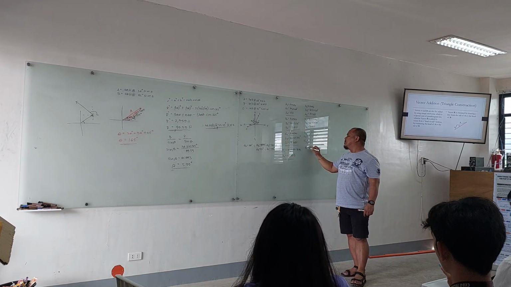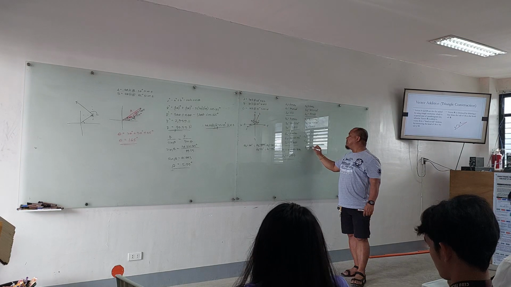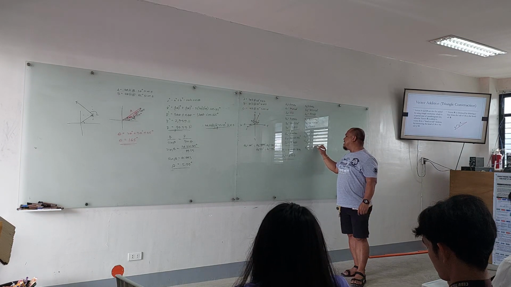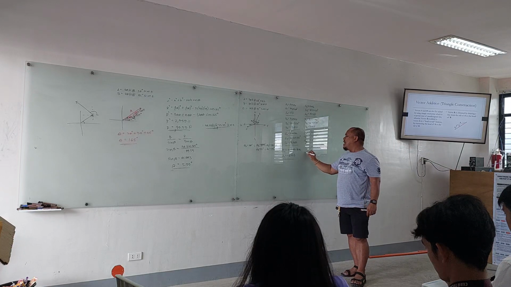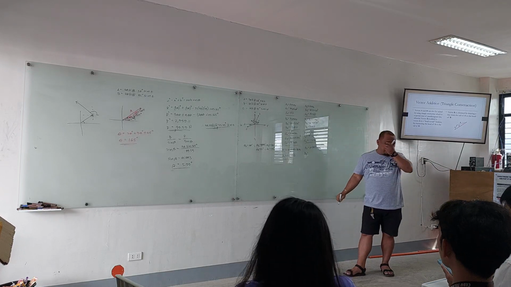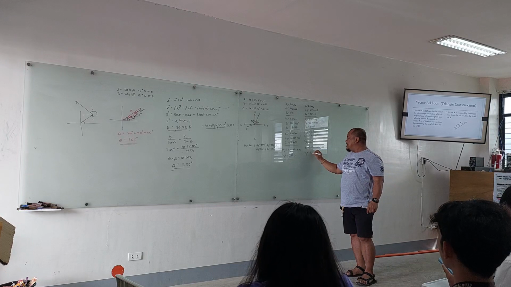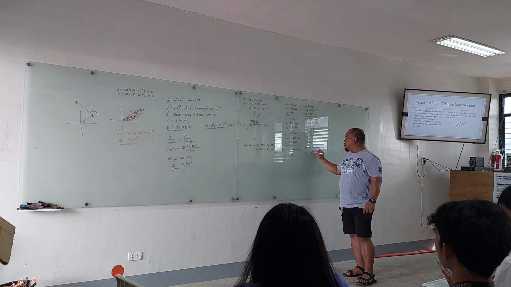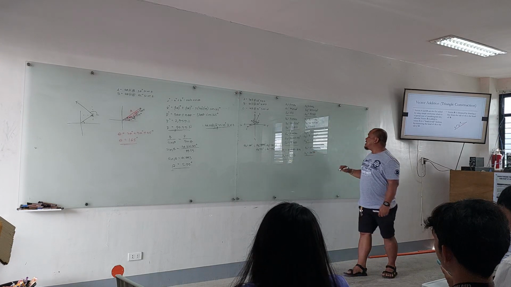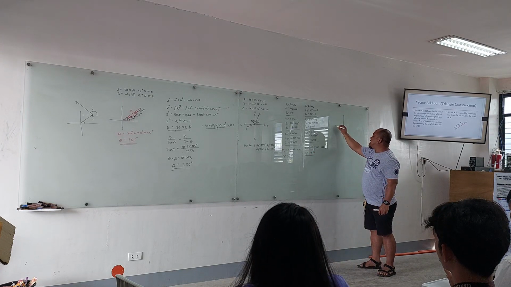Ry is just equals to AY, which is 25.98 plus 7.07 minus 3.88. Ry is equals to how much? 29.17 Newton. Let's plot it.